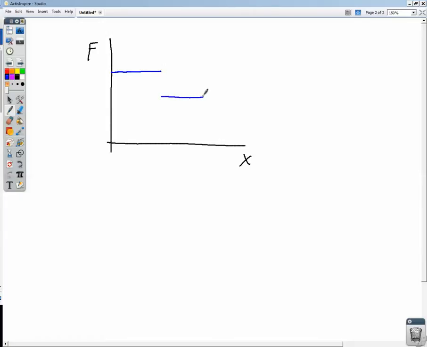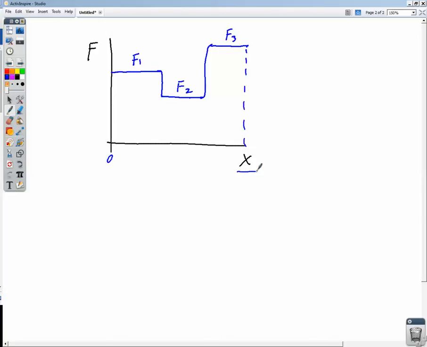That'd be F2 maybe, and then we get told by our boss to hurry up, and so we apply a greater force this time. So we've got F1, F2, and F3. This is a changing force, and it doesn't change instantaneously, but it changes pretty quickly. We want to know the total work done in this entire displacement, moving this object from position 0 all the way out to position x.